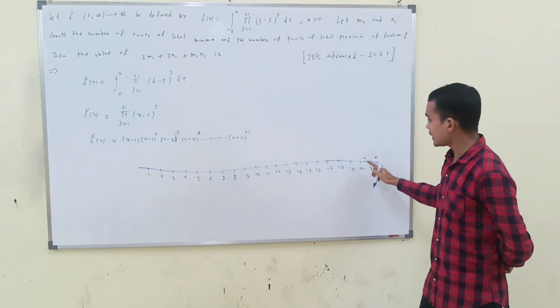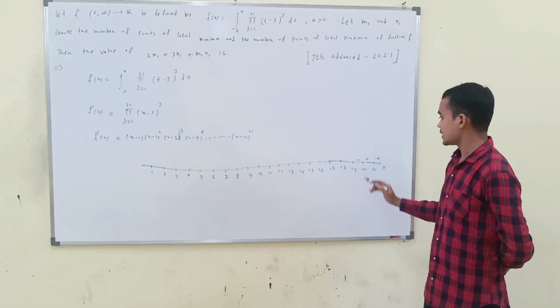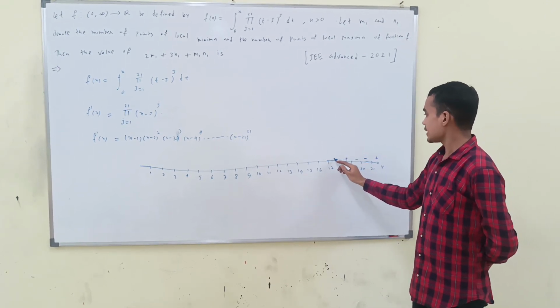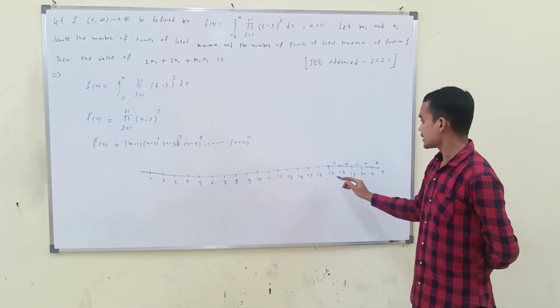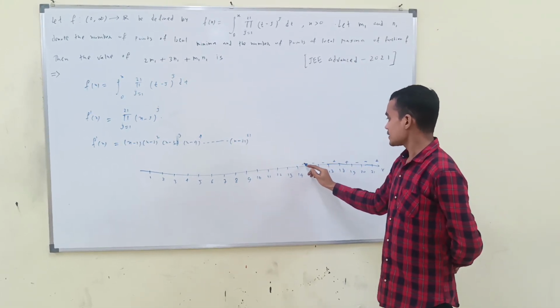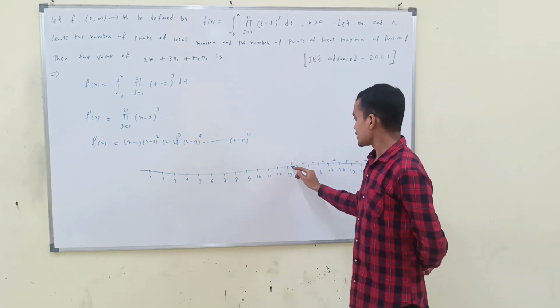So 20 is an even number, and even power means the sign does not change. Similarly, for 19 the sign changes, for 18 the sign does not change, it stays the same. For 17 the sign changes, 16 no change, 15 sign change, 14 no change.